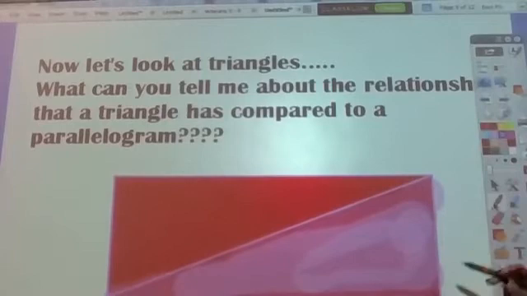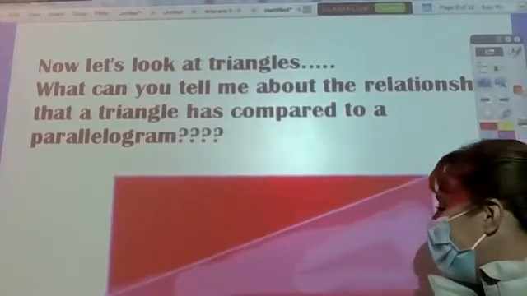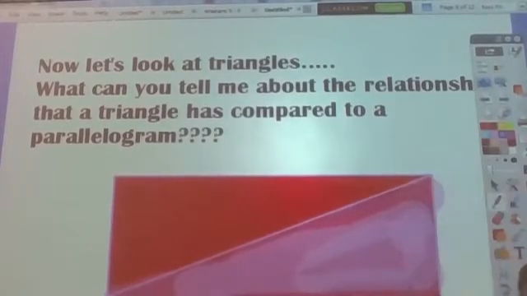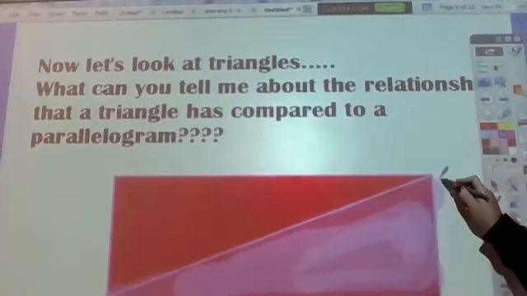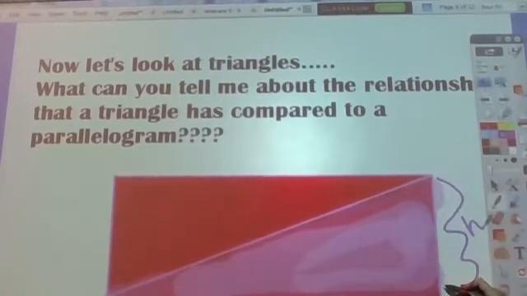First of all, they both notice that there is a length, or AKA base, and there is a height, which always meet at that 90-degree angle. But what they noticed is that this triangle is only half of what the rectangle is.